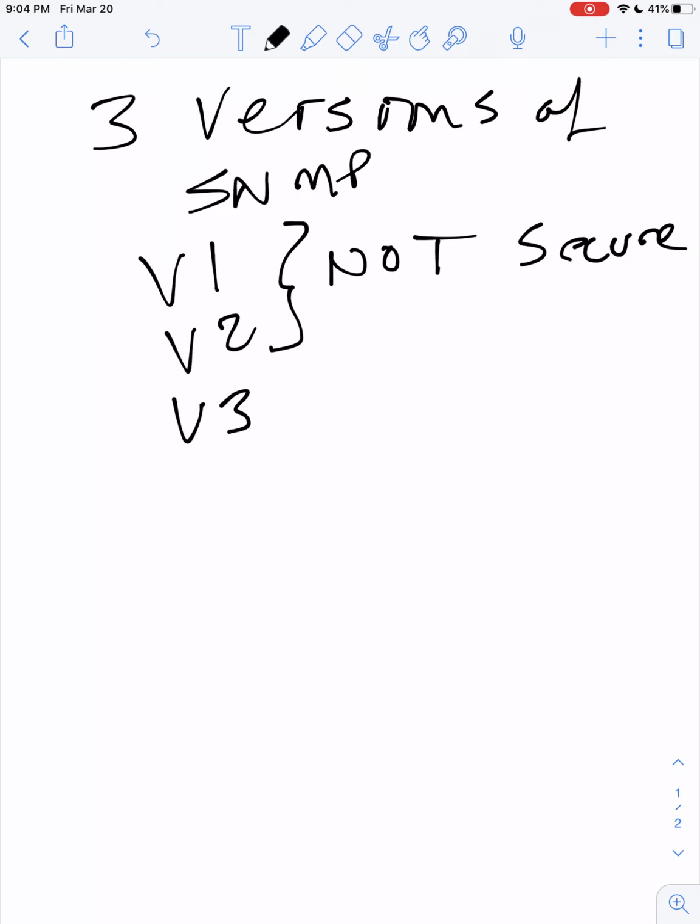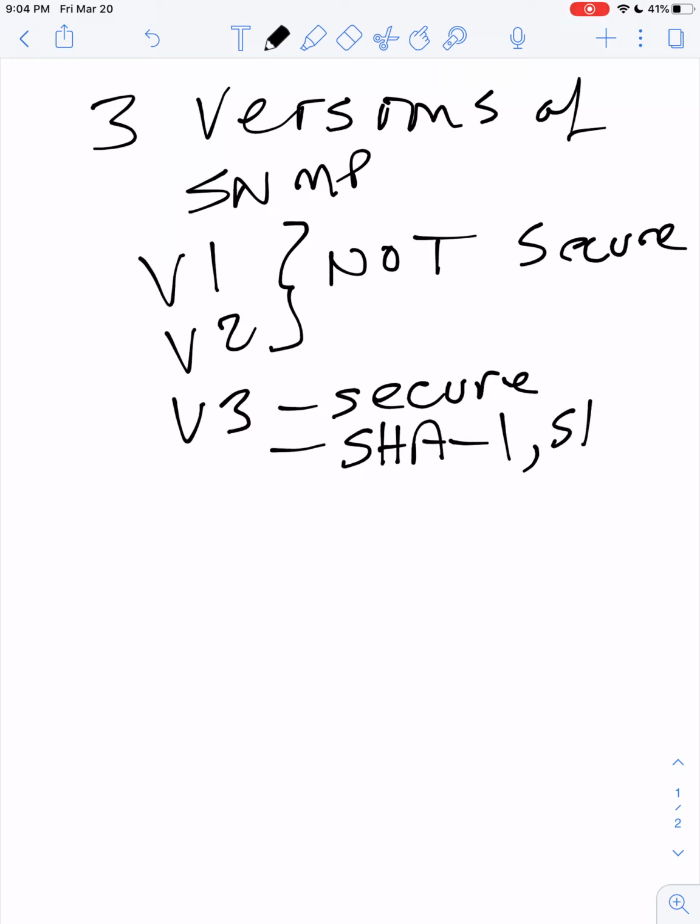Version 3 is a secure version. They use SHA 1 or 2. It's a 2, not a Z. And AES encryption.